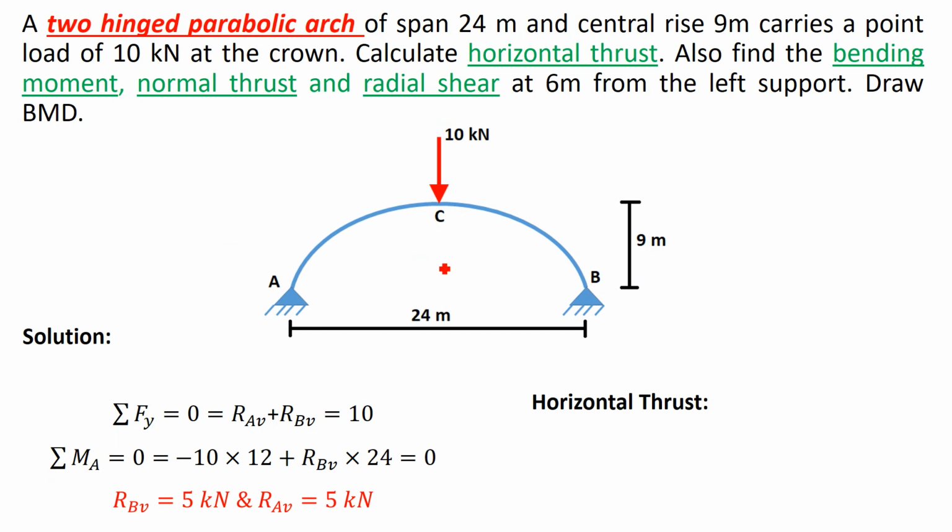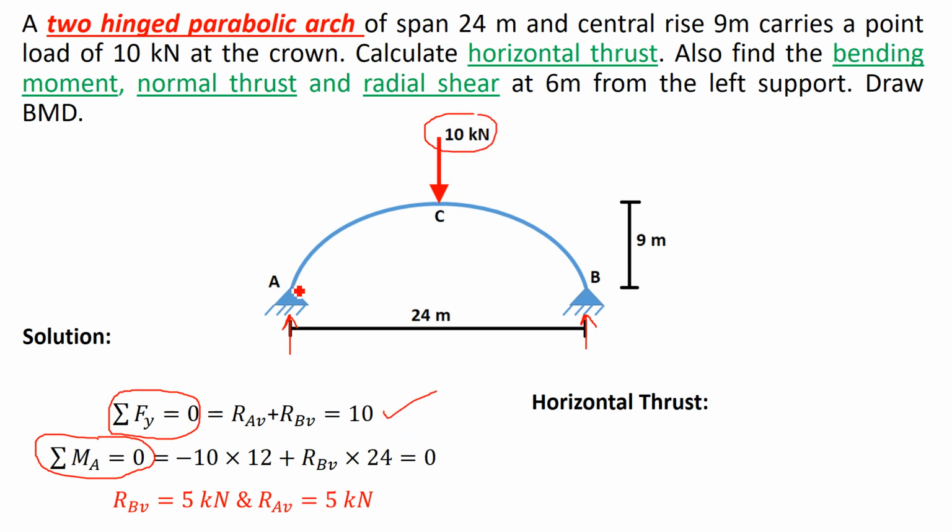We can use the basic engineering mechanics equations of equilibrium, that is summation of Fy equal to 0, and summation of moment equal to 0. If you take summation of Fy equal to 0, RAV plus RBV is equal to the downward force 10 kilonewton, that is the first equation.